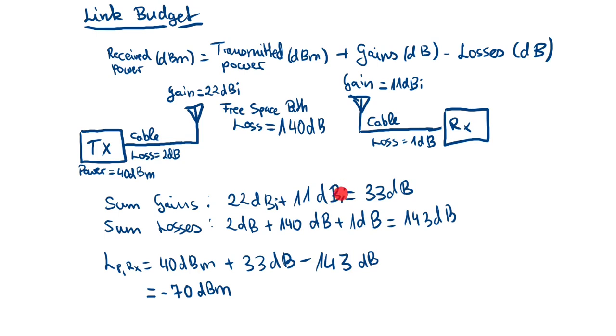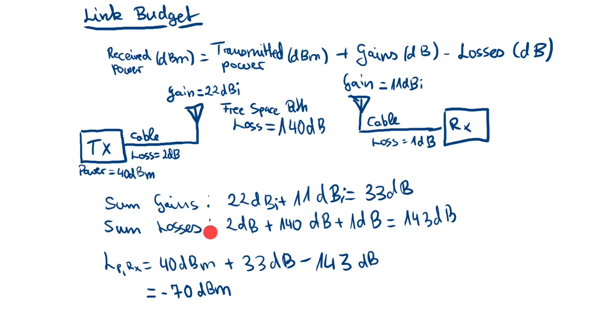But I would recommend to always write the I, so that you know that this refers to an antenna gain, which is referenced to an isotropic antenna, because antenna gains can also be referenced to other references. To indicate the reference, always write an I here.